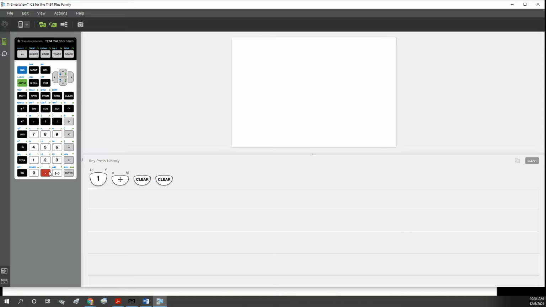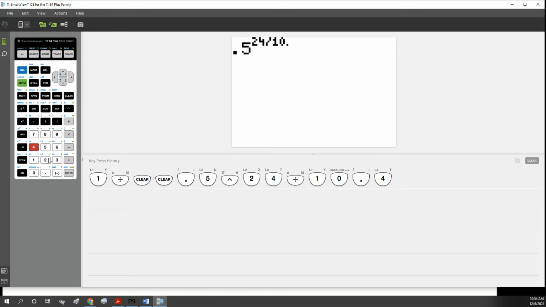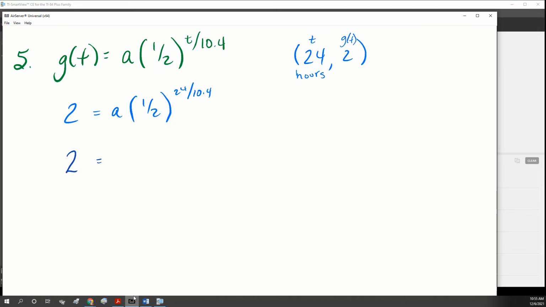Let's just do 0.5. So that should be your coefficient for your A. Okay, and to figure out the initial amount, we're just going to need to divide by that.